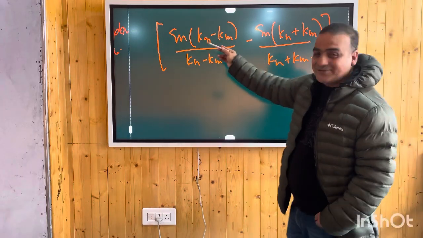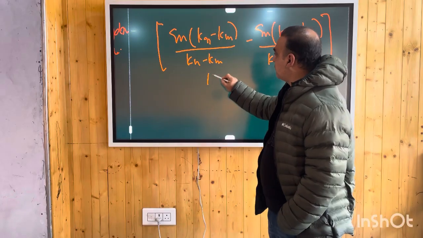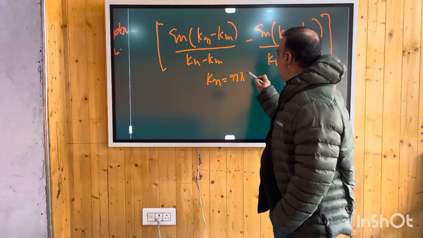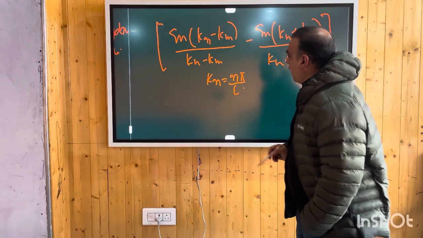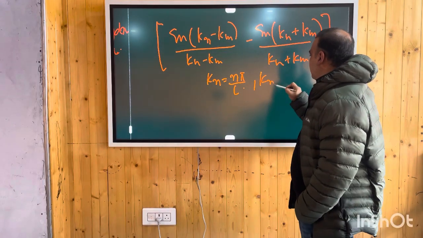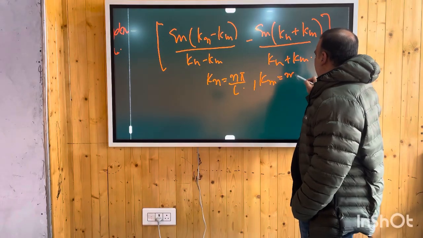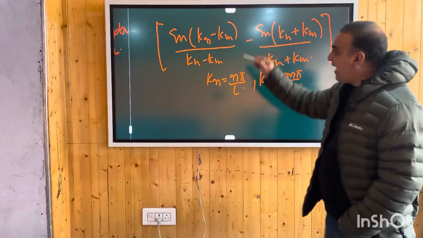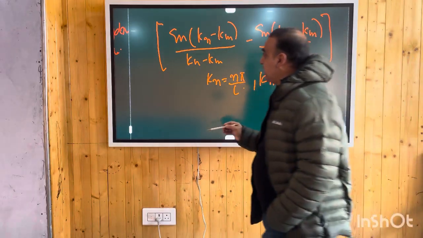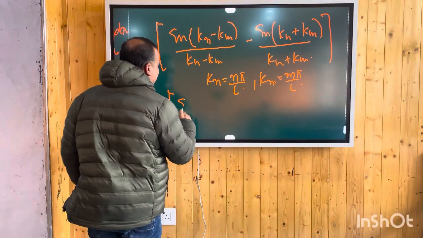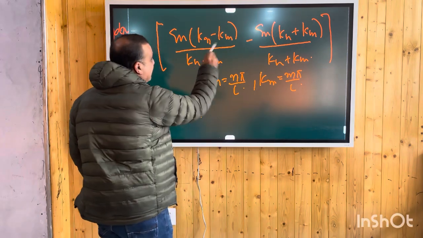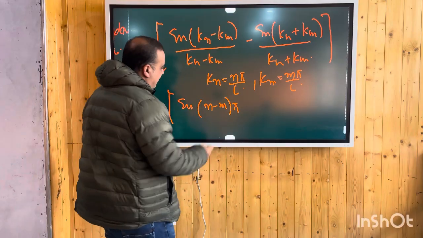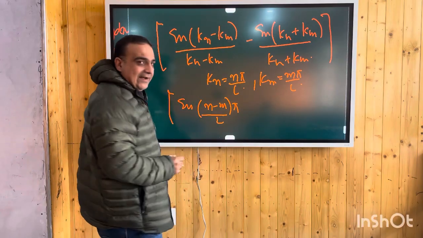Now think about this. What is Kn? Kn is n pi by L. Okay. What is Km? That is m pi by L. So if I rewrite this equation, how will I rewrite it? This is sine of (n minus m) times pi, okay, there is L. Getting it?